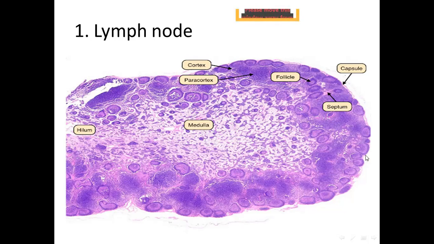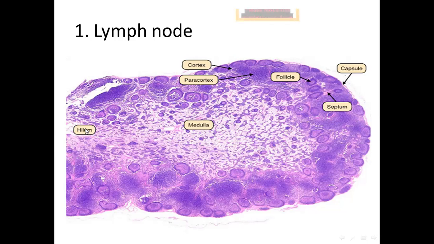So it is the site of entrance of the afferent lymphatic vessels. The internal lumen of these vessels has a valve. The function of these valves is to ensure the lymph from these vessels enters the substance of the node.